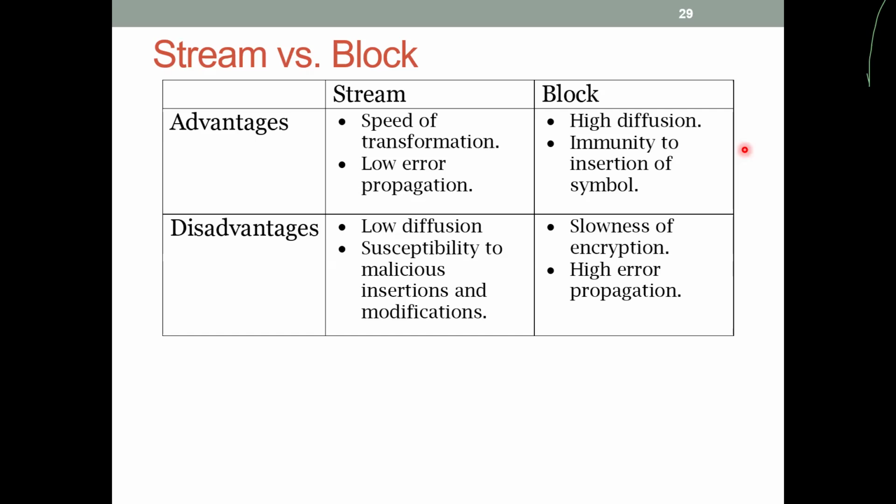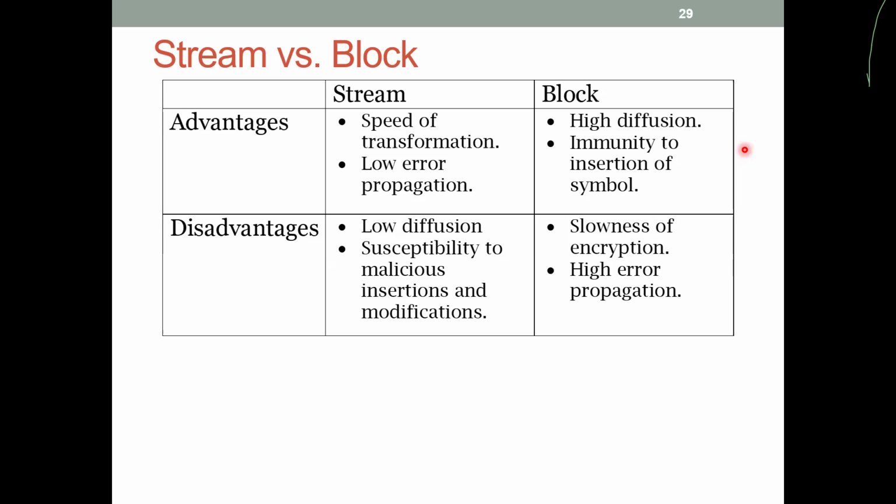If you think about the block cipher, the advantage is high diffusion. Diffusion, in the sense, in a block cipher we take, let's say, 16 bits together. If you make a small change in the plain text, your entire cipher text will change. That is what we call diffusion. Just think you have a plain text message.